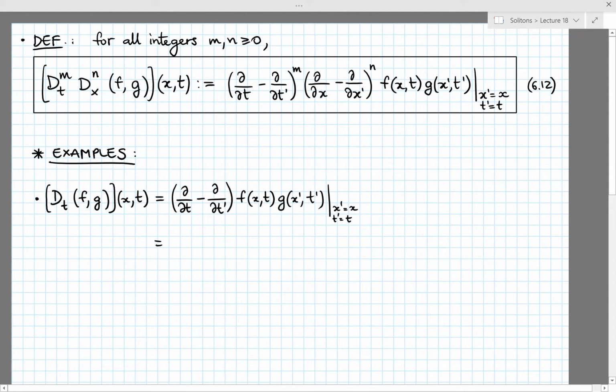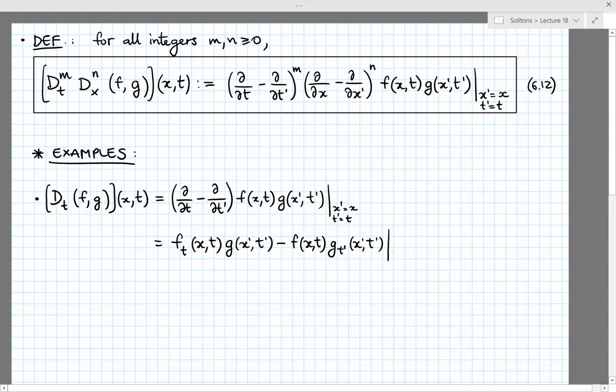So let's do it slowly. When we act with the first time derivative with respect to t, we get f_t of x t times g of x prime t prime. And then we have minus time derivative with respect to t prime. So that gives f of x t times g_t prime of x prime t prime.